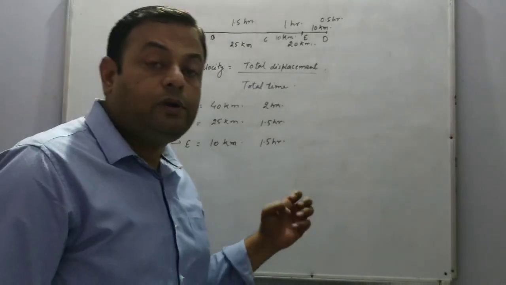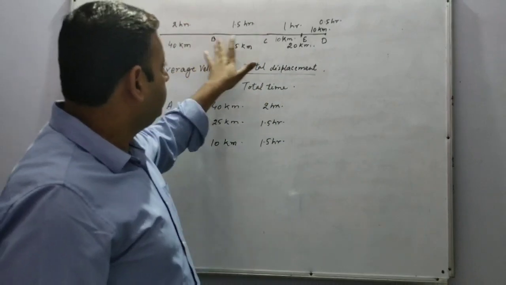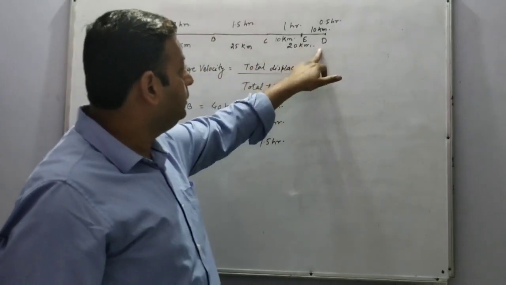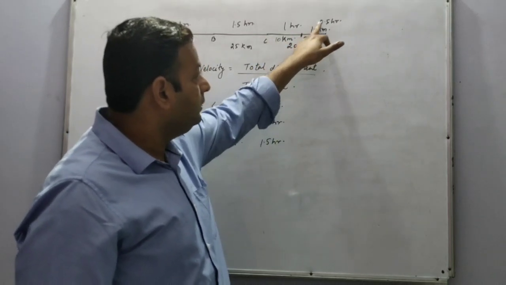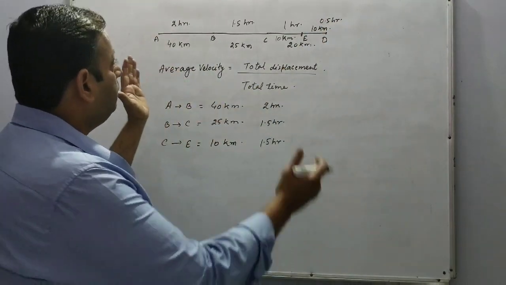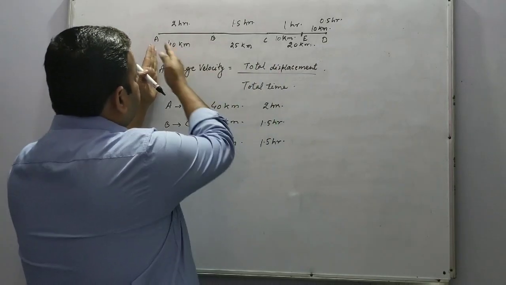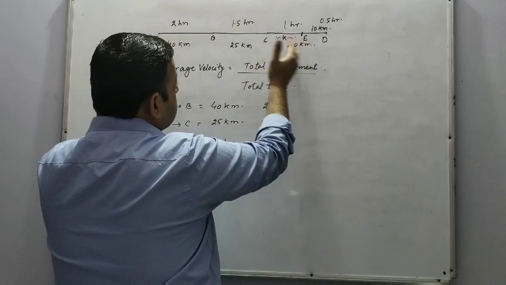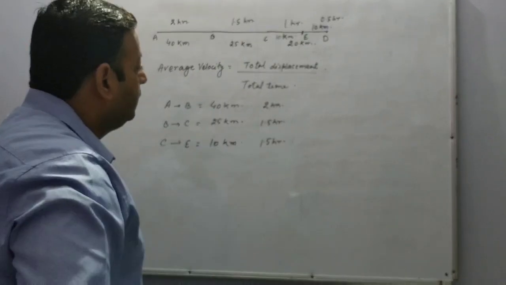We are not supposed to reduce the time. A to B 2 hours, B to C 1.5 hour, C to D 1 hour, and then from D to E again 0.5 hour. Now for finding out the average velocity, we need the displacement from A to E and the total time of the journey.